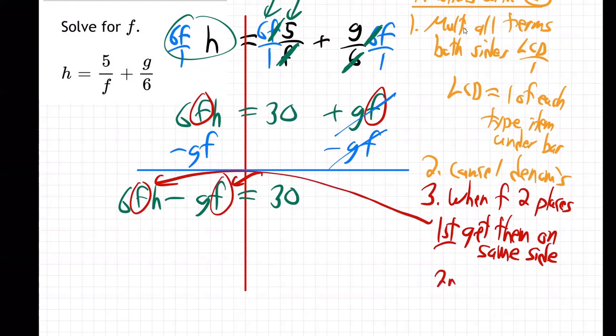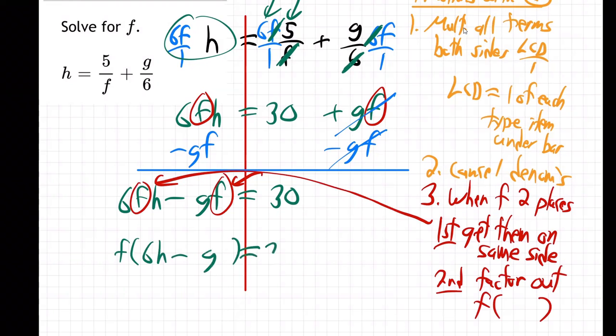Second, this is the trick step we haven't had to do recently. Factor out the F with a parenthesis. So in other words, this is not what we would expect. We take out the F with the parenthesis, leaves 6H minus G equals 30.